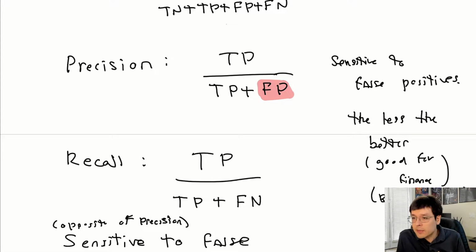The other example I gave in the other video was with medical tests. That's the other side of the coin. With a medical test, like say a COVID-19 test or an HIV test, you want to have the lowest amount of false negatives possible, right? Because a false negative is going to basically say, hey, you don't actually have the disease.